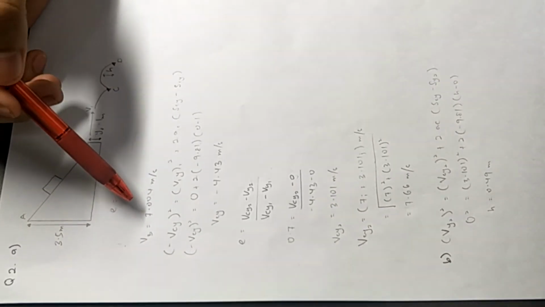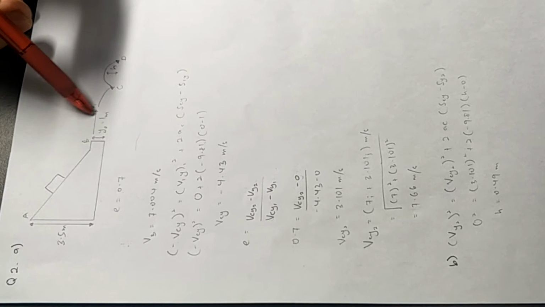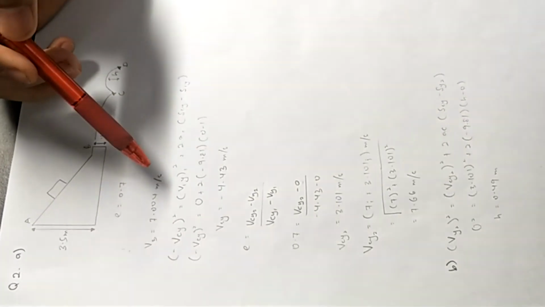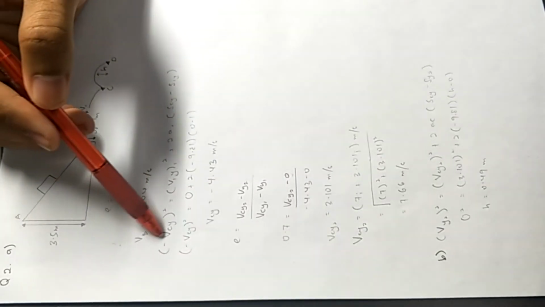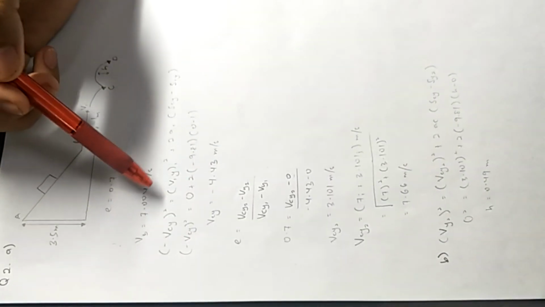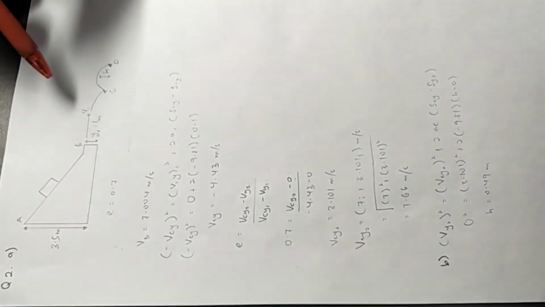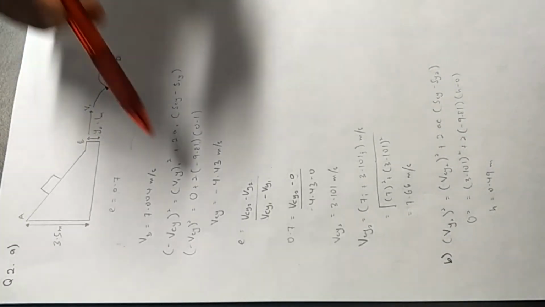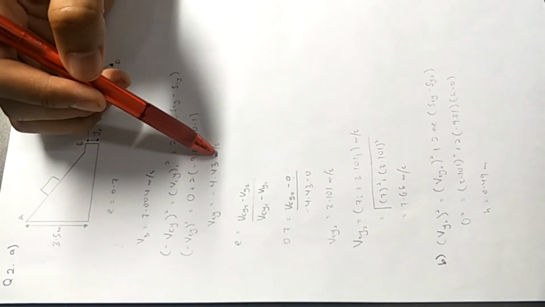We can consider VB as the velocity before the rebound at point C, at this point V1. By considering the vertical motion of the falling object, we use this formula to find the velocity at C in the y-axis, which is VCy equal to negative 4.43 meters per second.